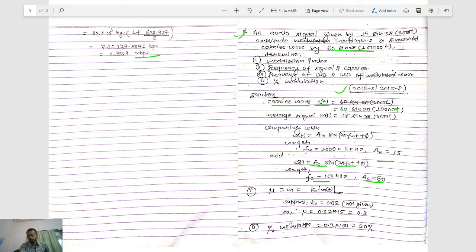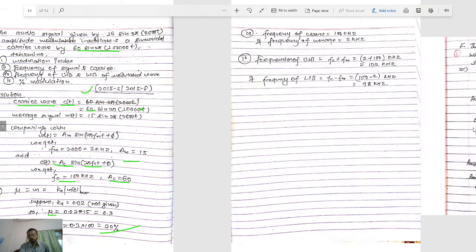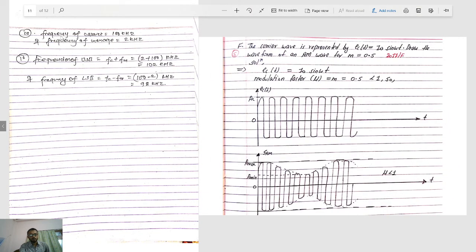Since we have Ac 60 mentioned here, mu, also represented as the modulation index, has the formula Ka times Am max. In this question Ka is not mentioned, so we assume it as 0.02. If it is not mentioned, then assume the value of Ka as 0.02. So mu will be 0.02 into 15, which gives 0.3, and percentage modulation is 0.3 into 100, which gives 30%. Again, the frequency of carrier, already obtained by comparing, is 100 kilohertz.